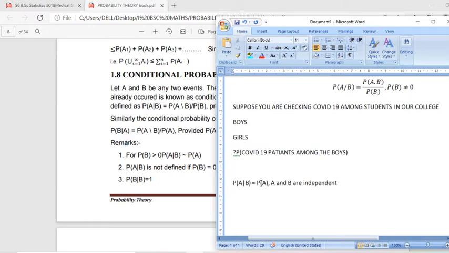The probability of A before B occurs is the same as the probability of A after B occurs. That means A and B are independent. That means B has no influence on A.